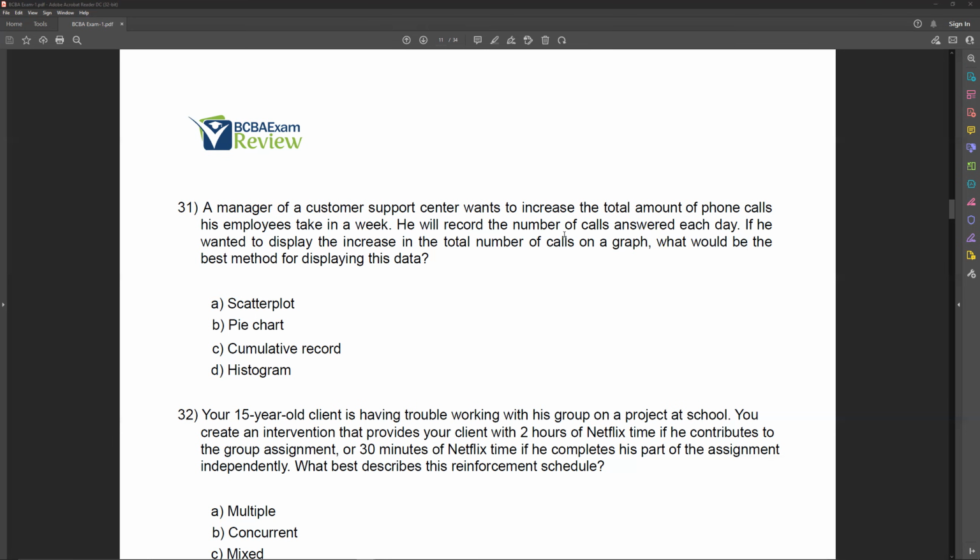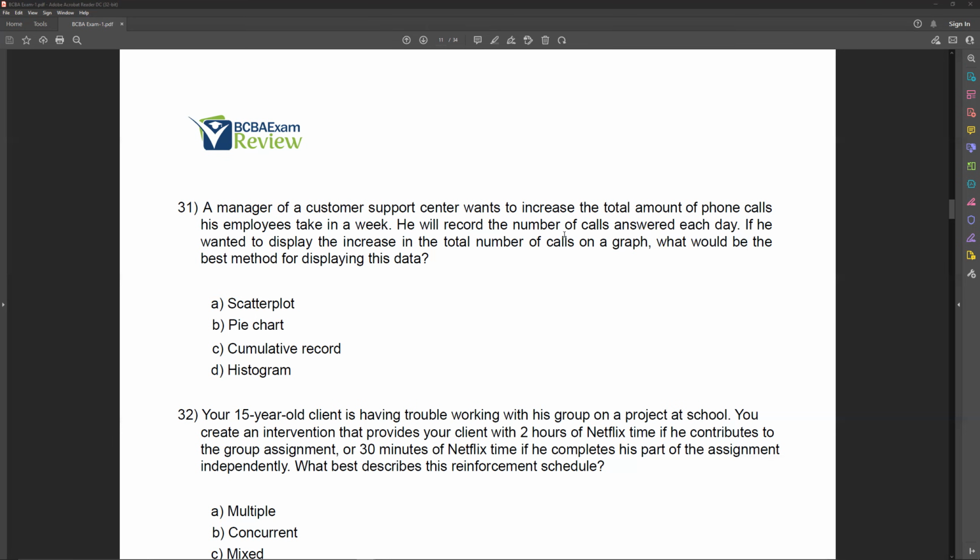Cumulative record. What is a cumulative record? Cumulative record, of course, is a graph that continues to increase indefinitely. It never decreases. So if we want to see our total number go up on a graph and only go up, we're going to use a cumulative record. So as we continue to record calls, our cumulative record continues to increase, and we can see that total number grow.